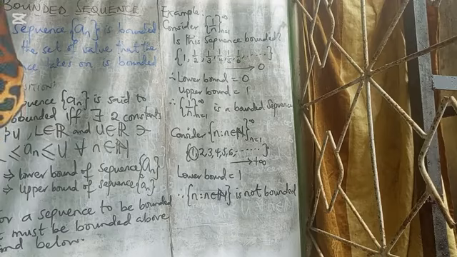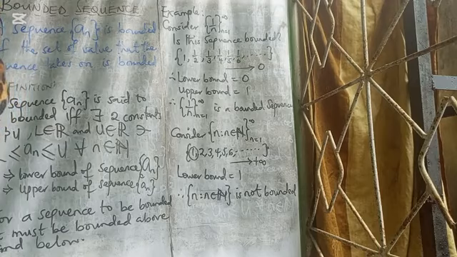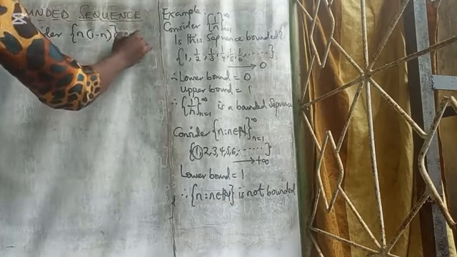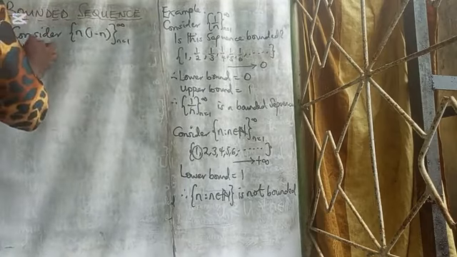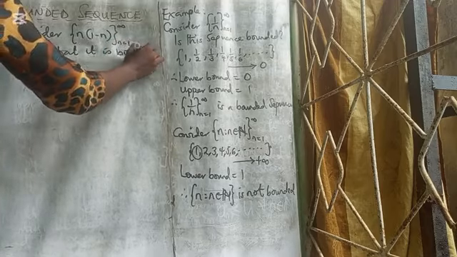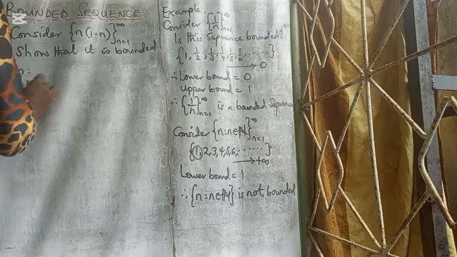Remember we said that a sequence is bounded if it has both the lower bound and also the upper bound. We take another example. Consider the sequence n times (1 minus n) as n moves from 1 to infinity. Show that it is bounded. You will recall the definition of a bounded sequence.